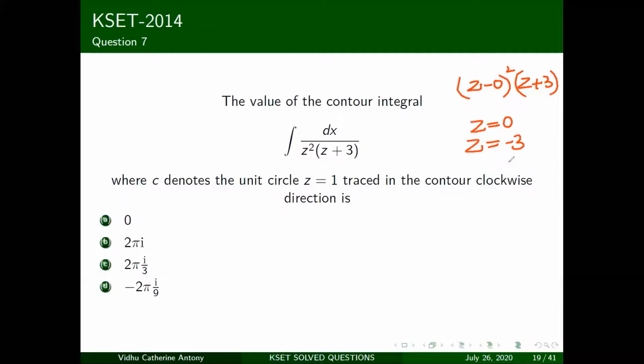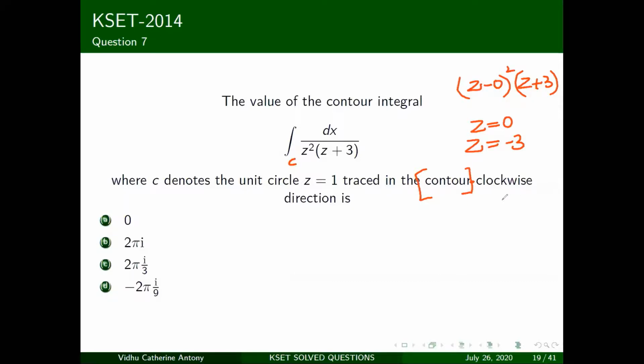Now, let's look at the question again. C here denotes the unit circle. They've missed out a C here. C denotes the unit circle |z| equal to 1 traced in the contour clockwise direction is. In the contour, they actually meant counter, but in the contour means they're saying that it's clockwise direction.